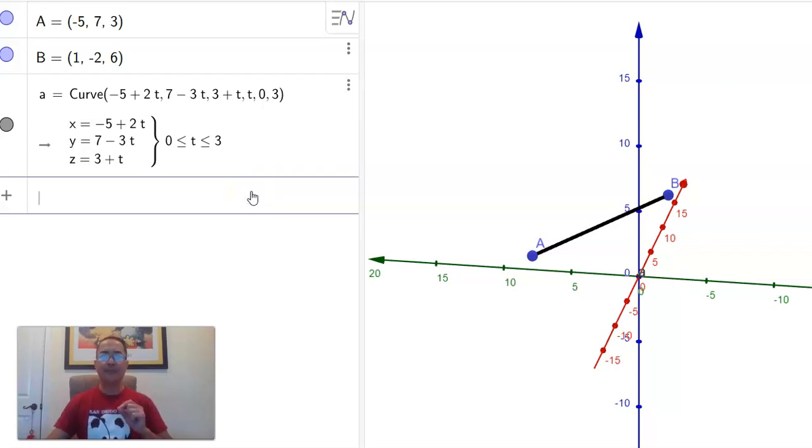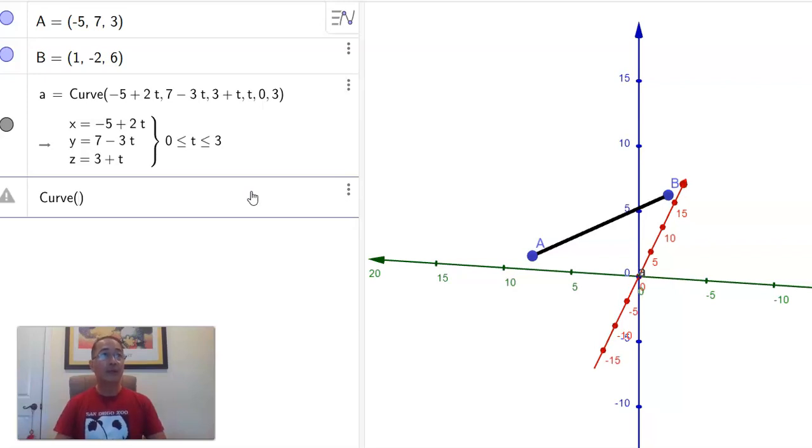What did we say? You can play with the point that you're using. So you can make another parametrization that starts at B. You can have 1 plus 2t, -2 minus 3t, and 6 plus t.